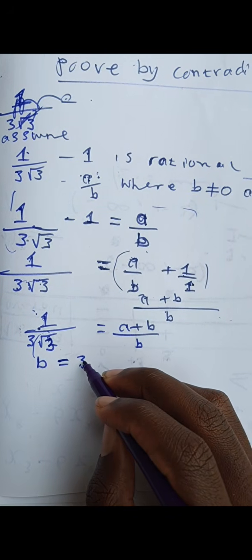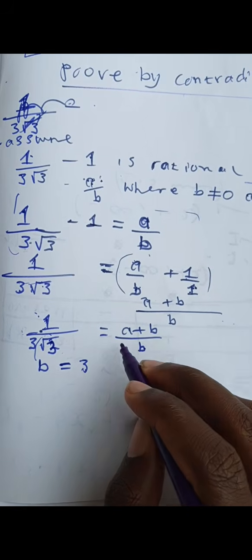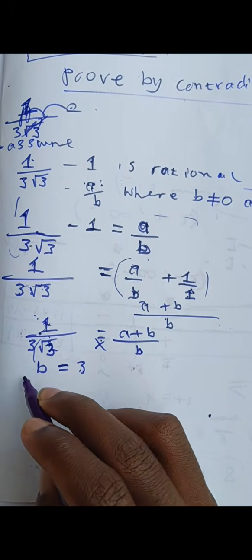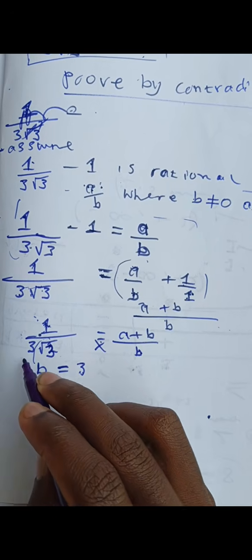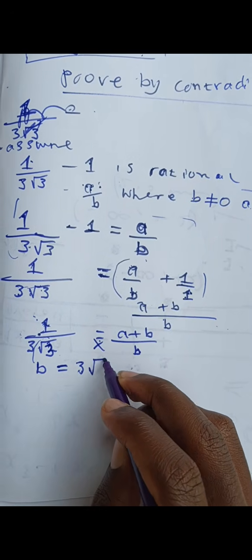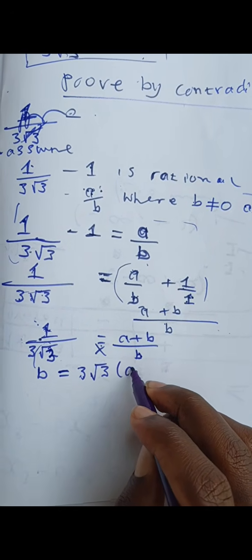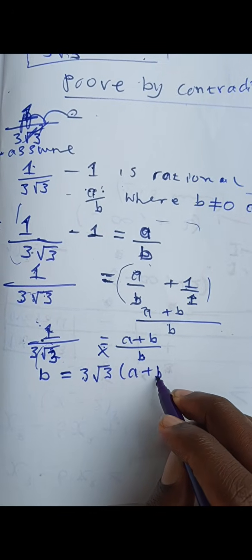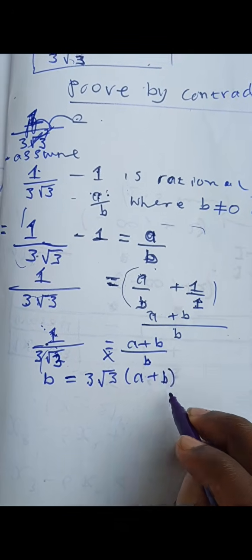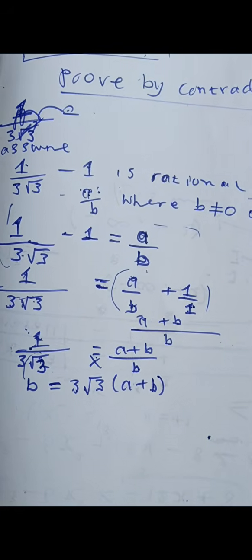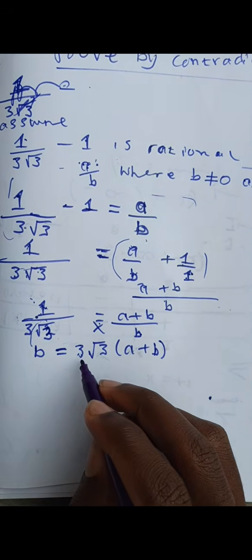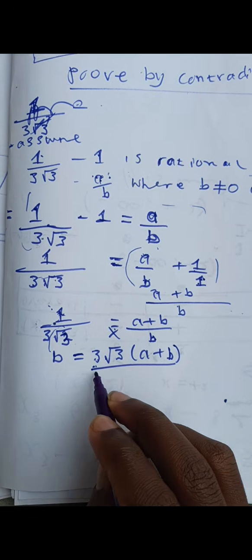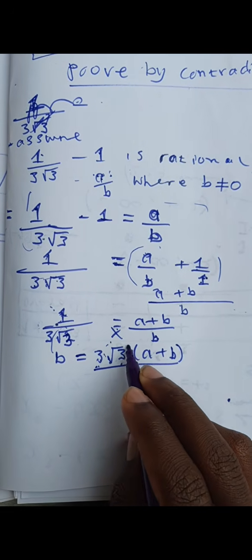So we cross multiply: B times 1, that's B, on the left side. Then this times this, we are going to have 3 square root of 3 times A plus B. Now remember that my goal is to make square root of 3 the subject of the formula, so I have to divide through everything that is not square root of 3.